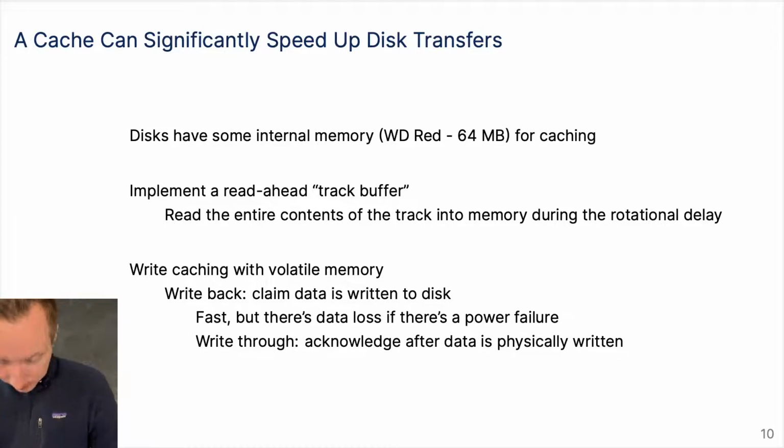So there are some strategies you can use. You can either explicitly say, hey, write this back to disk, or you can claim it's written back to disk. So if you want to be really, really fast, you can say, hey, kernel, please write this to disk. I've modified it.